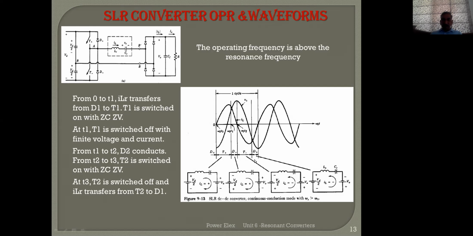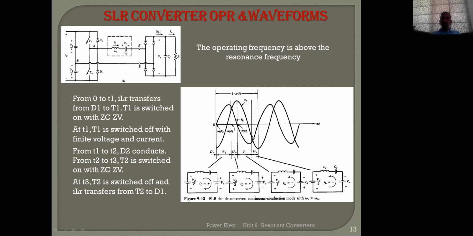And at T3, when T2 is switched off, it transfers its current to D plus, but when it transfers the current, there was some voltage across and some current, means there is finite current switching and finite voltage switching. This is not zero voltage, zero current switching.